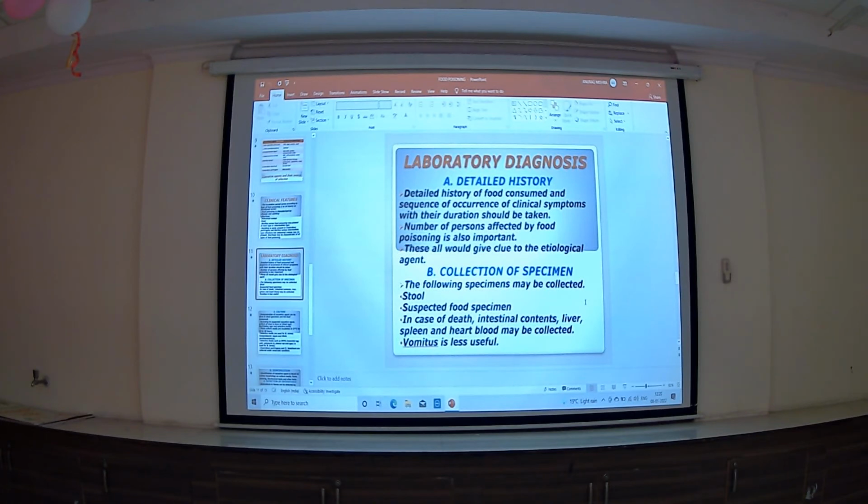Lab diagnosis is done by taking of detailed history which includes the type of food consumed and the sequence of clinical symptoms with their duration, and also how many persons are affected from the same source.